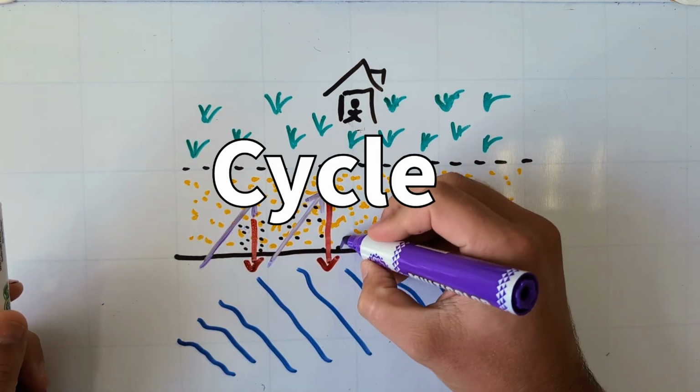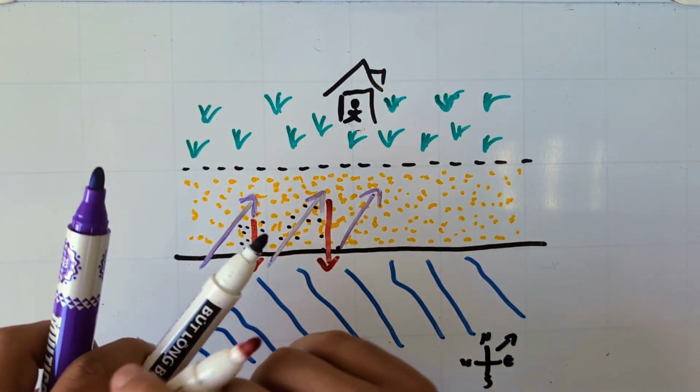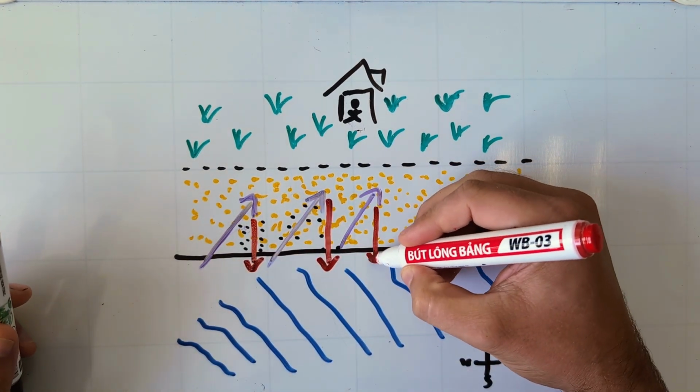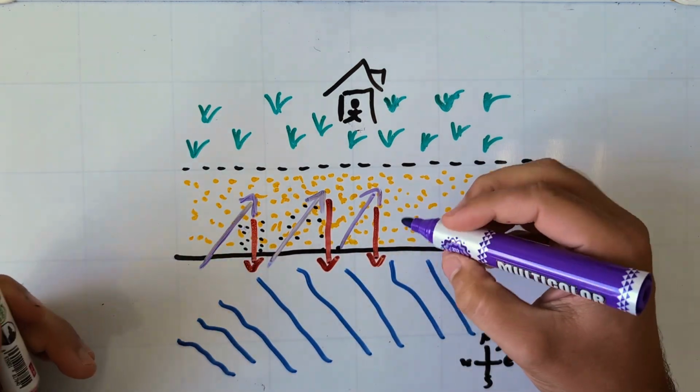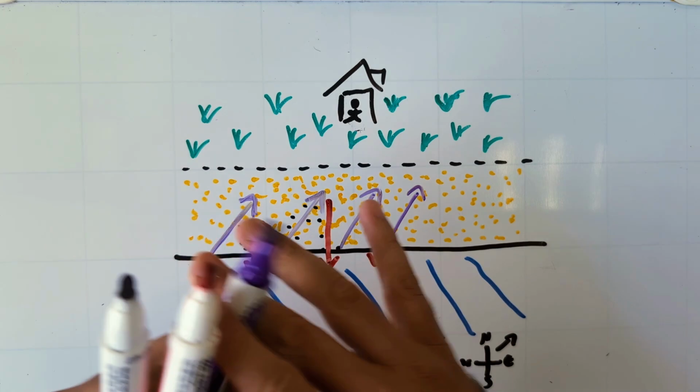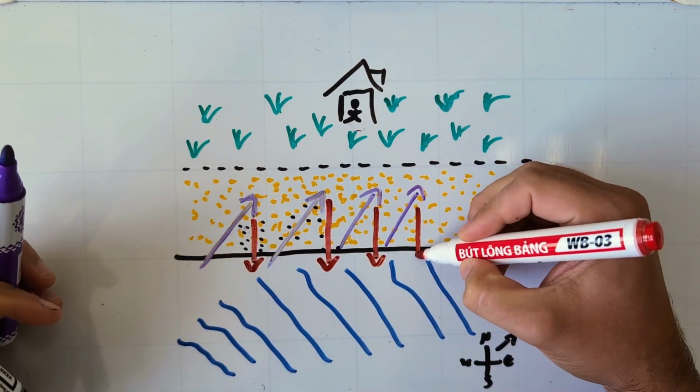And this happens in a cycle, again and again, continuously. It's happening all the time. It's happening on every beach pretty much right now as we watch this video, okay?